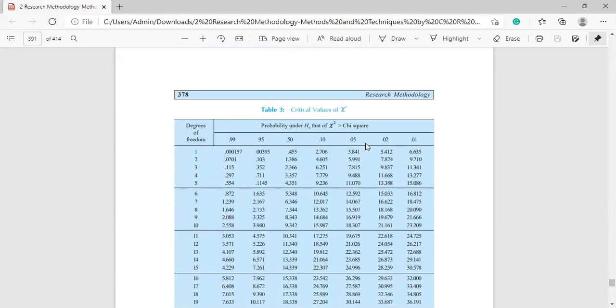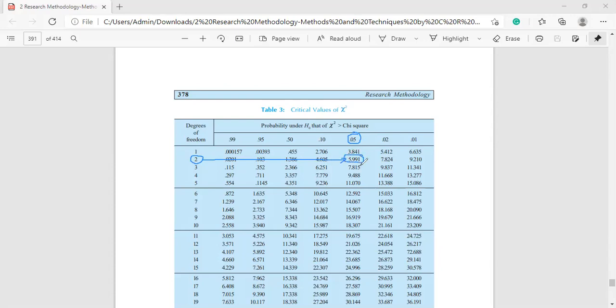Then you have to take the table. The level of significance is 5%, that is 0.05, and the degrees of freedom is 2. So what is the value? Yes, this is the value: 5.991.